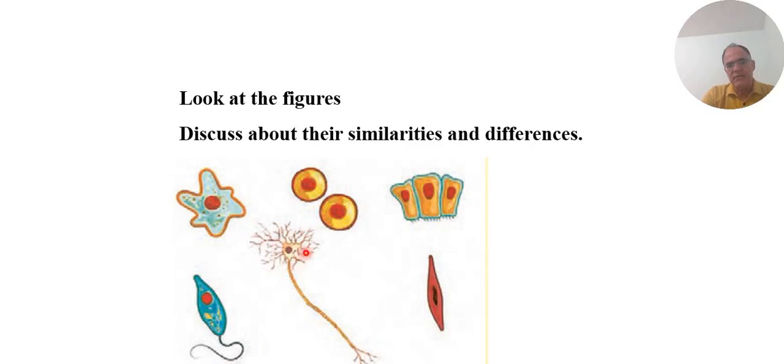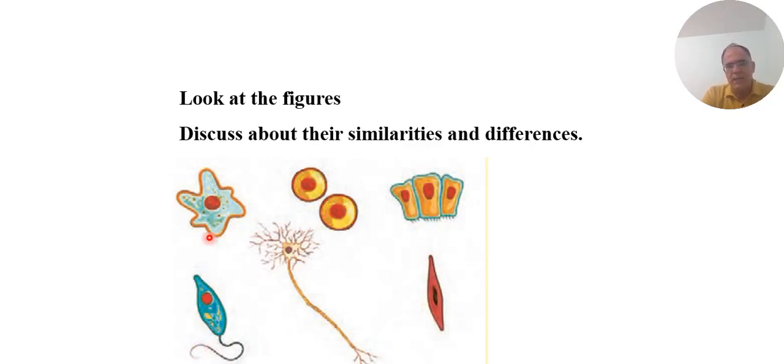For example, we can see cilia, short extensions. Here you can see cilia. Or flagella, long extensions, which we can see in the structure of some cells.